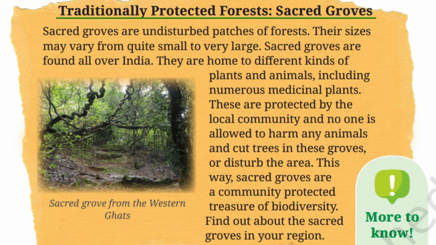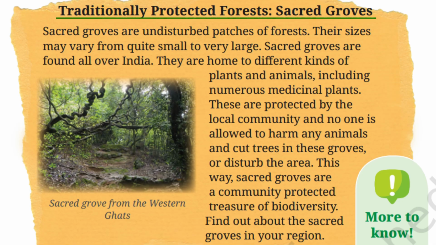Find out about the sacred groves in your region. So, sacred groves are special forest areas that are protected by local communities. They are undisturbed patches of forest found in many parts of India. The size of these groves can be small or large. These forests are home to many types of plants and animals, including medicinal plants.